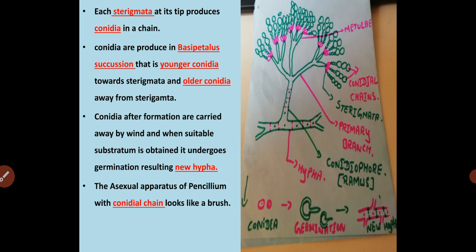These conidiospores are arranged in basipetal succession, that is, younger conidia are produced towards the sterigmata and older conidia are produced away from the sterigmata.